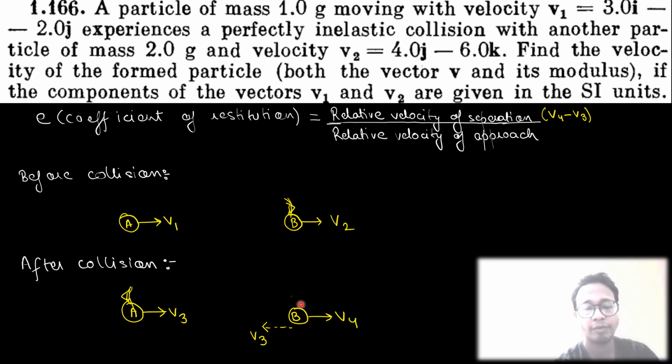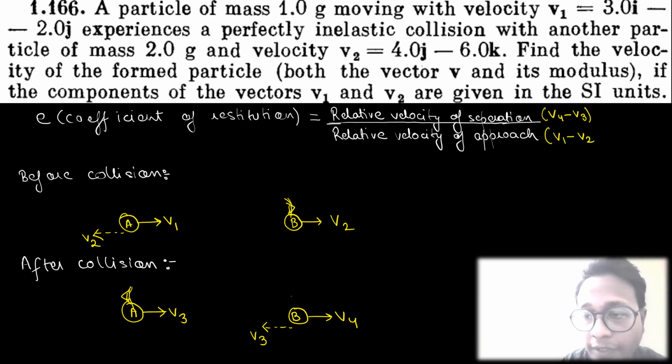So the velocity of A as seen by an observer on B would be v1 minus v2. So the velocity of approach is v1 minus v2.